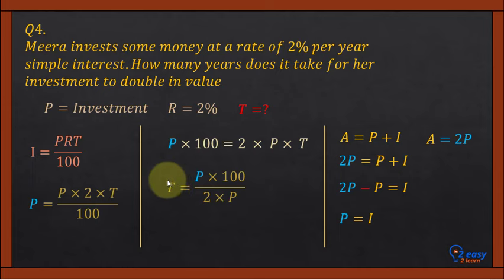So time is equal to P times 100 divided by 2 divided by P. P will be cancelled by this P, and 2 will cancel 100, and we will get T is equal to 50 years. It means that after 50 years, the amount becomes double.